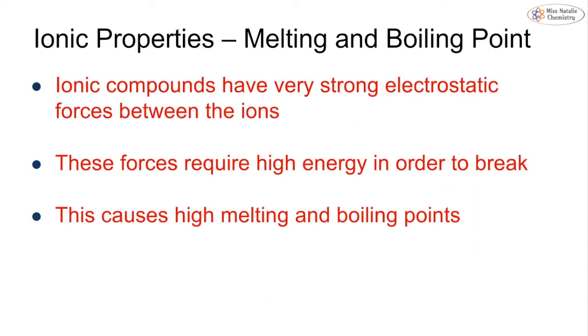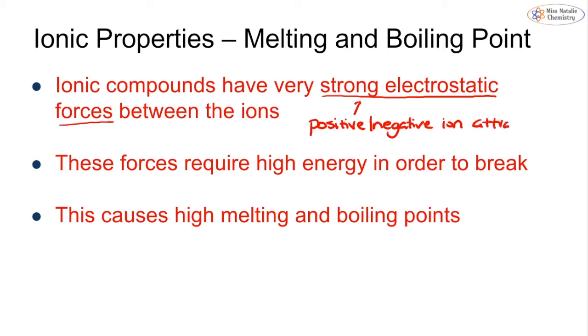Now we want to look at the properties of ionic substances, and there are a couple of key properties that you have to know and be able to explain. The first one is melting and boiling point. Our ionic substances have very strong electrostatic forces between the ions, meaning it has a very strong attraction between the positive and the negative ions.